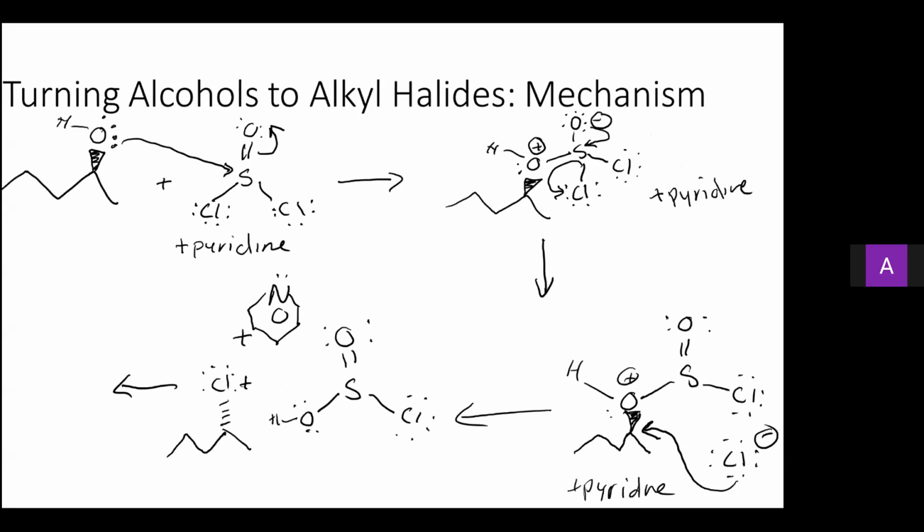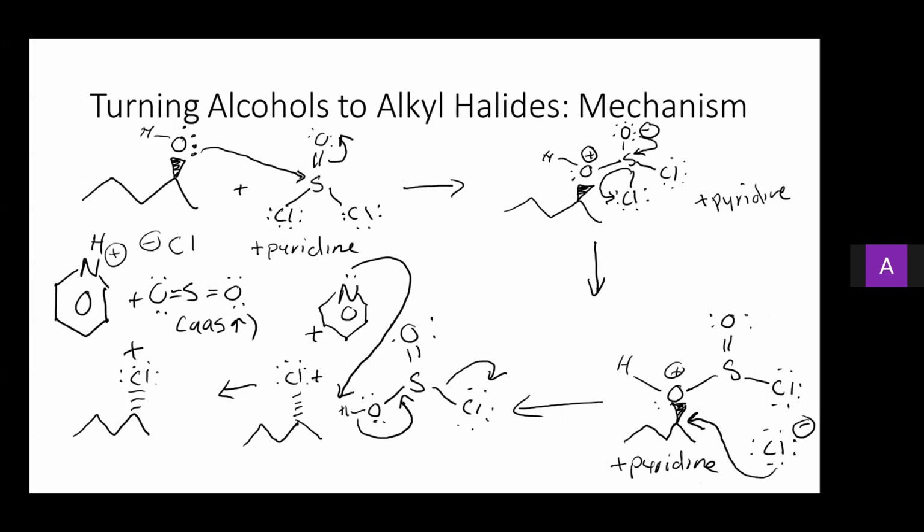Let me just show that. You can see the SO2 right here that we formed. And this N, just to reiterate, the pyridine looks like this. Whenever we add H, then that N has a positive charge. So that's why you see the positive charge right there.